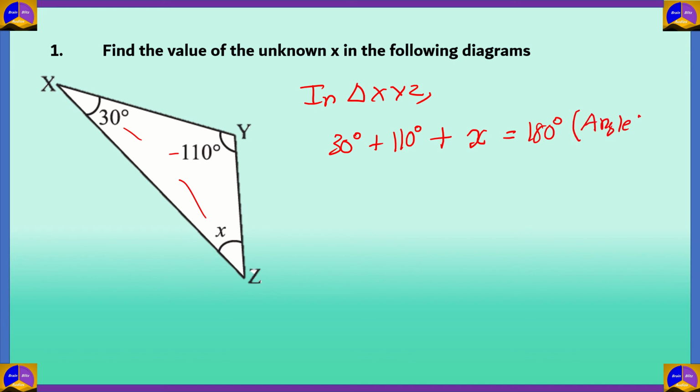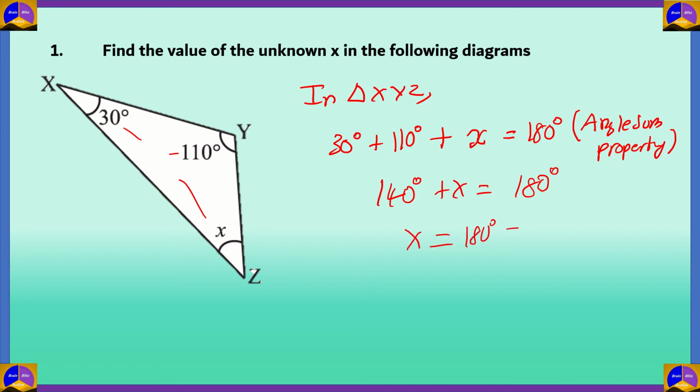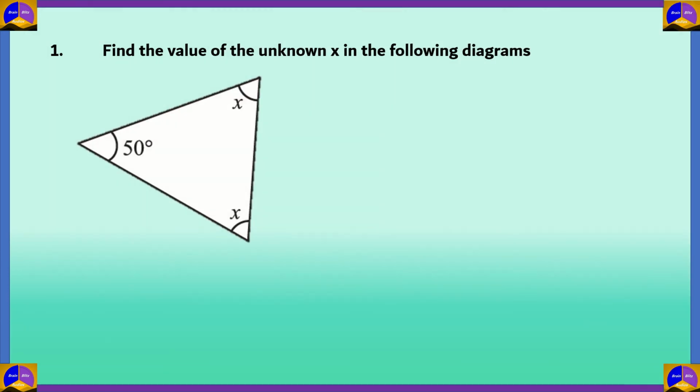Reason: angle sum property. So 30 degrees plus 110 degrees would be equal to 140 degrees, plus x would be equal to 180 degrees. x would be equal to 180 degrees minus 140 degrees, which is equal to 40 degrees. So in triangle XYZ, x is equal to 40 degrees.